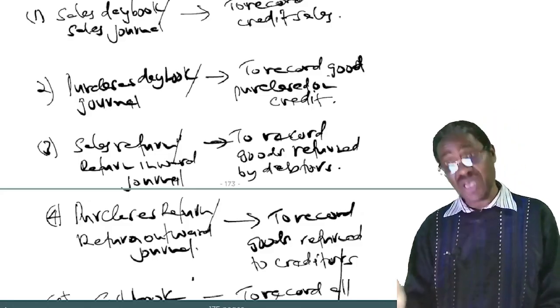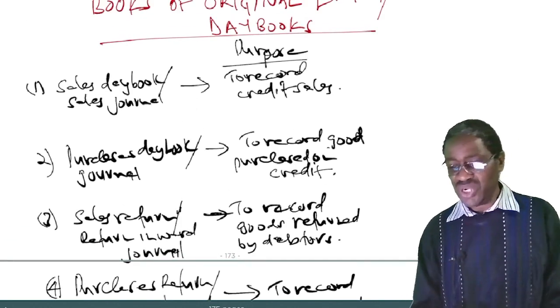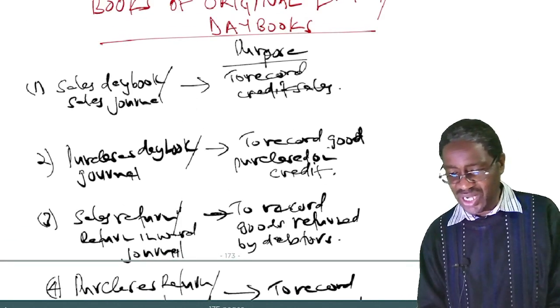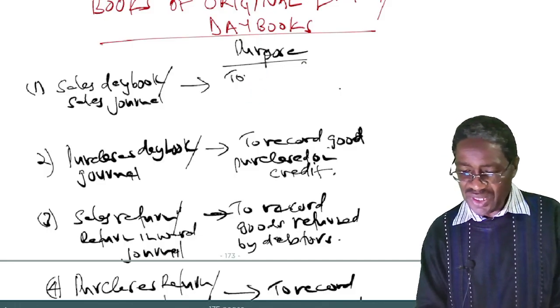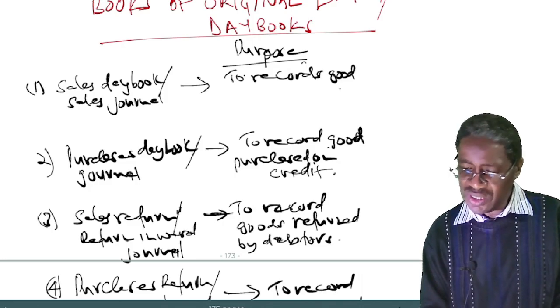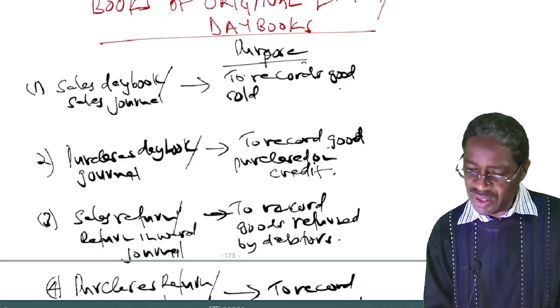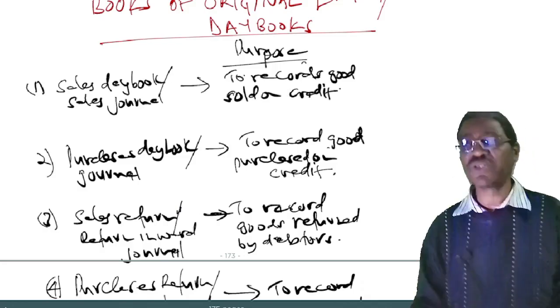That is to say, credit purchases. Let me put it this way for the sales daybook: to record goods sold on credit.